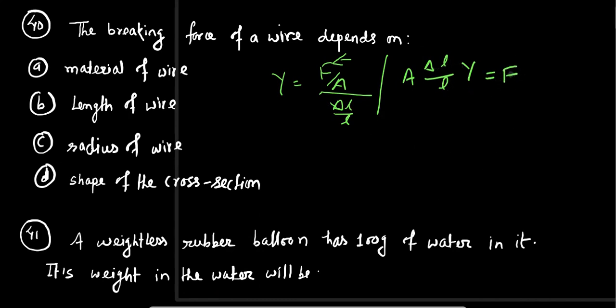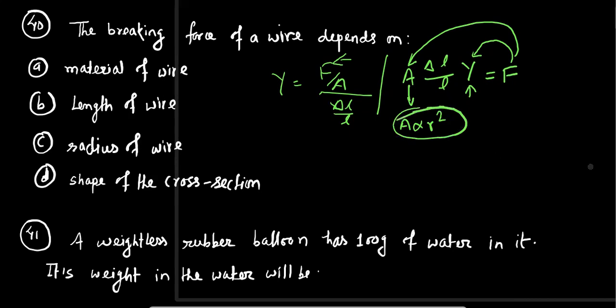If you see minutely, the options are: material of wire, length of wire, radius of wire, shape of cross section of wire. Among them we have to find the proper option. From this discussion we are clear that breaking force depends upon gamma directly, which means that breaking force is material dependent, and it also depends on the area of cross section, which ultimately depends on the radius of the wire.